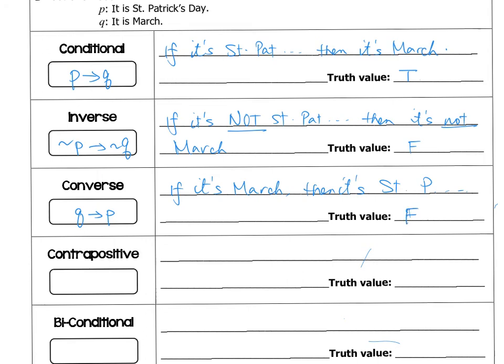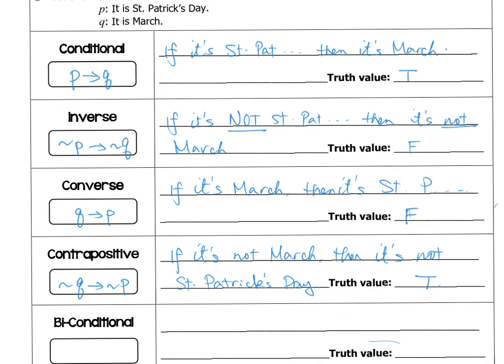And the contrapositive is the one that combines the inverse and the converse, which is if not Q, then not P. So if it's not March, then it's not St. Patty's Day. And obviously, this is true, right?